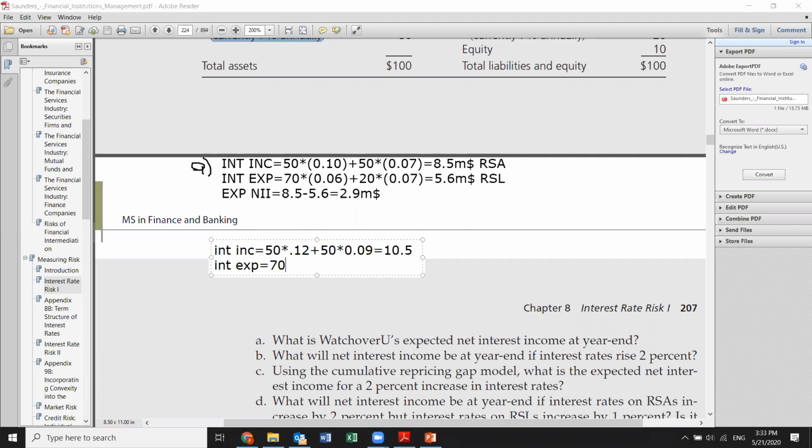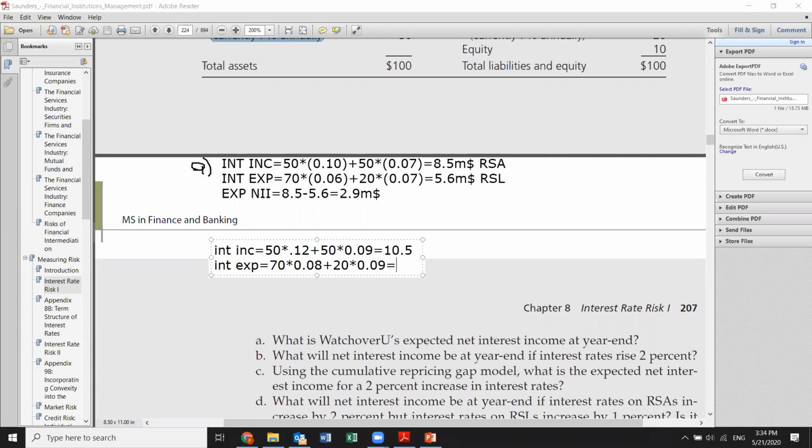is 70 times 0.8 plus 20 multiplied by 0.9.